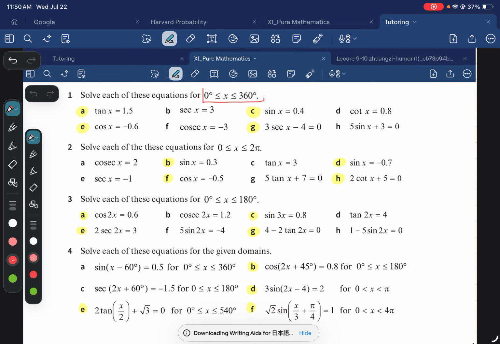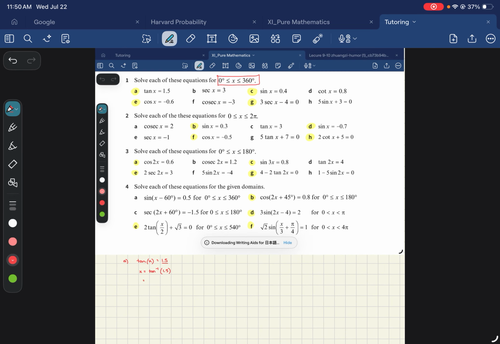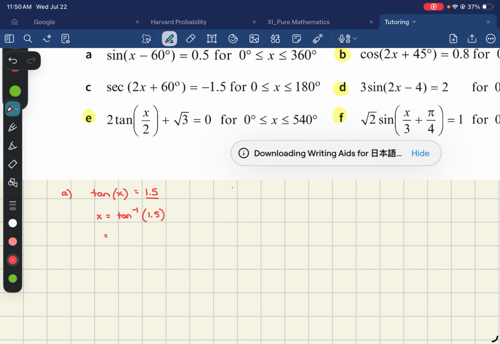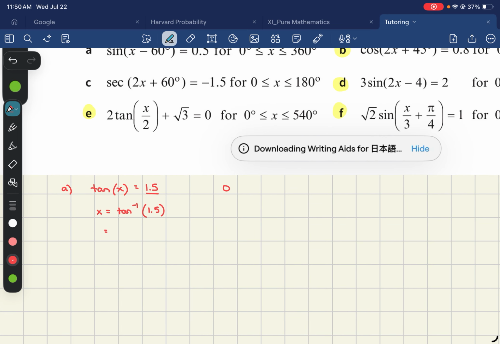Here, the restriction is in degrees, so we're going to give our answers in degrees. That is something you need to remember. Our x is between 0 and 360 degrees, or 0 and 2 pi.